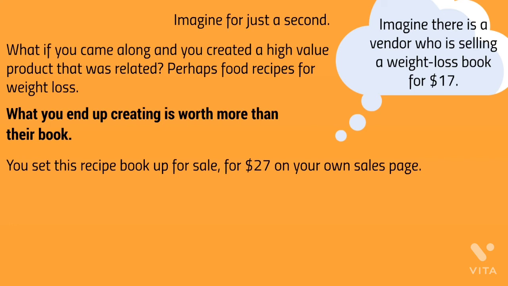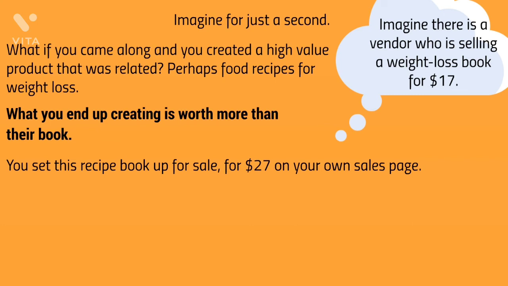Somebody is selling a $17 book or something lower. Basically, what you want to do is make sure that your high value product is either double or a little bit more money than what they are selling. And the reason being is because it's going to get the vendor to more likely say yes. Now, it's got to be realistic. If you're offering something of low value and just bumping up the price, that's not going to work anyways.